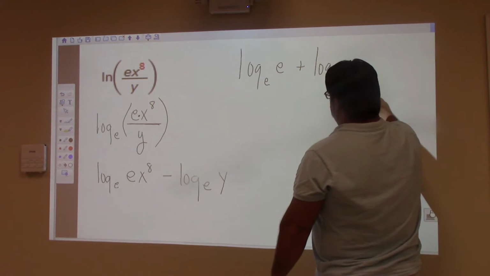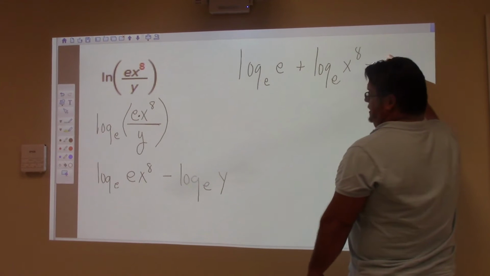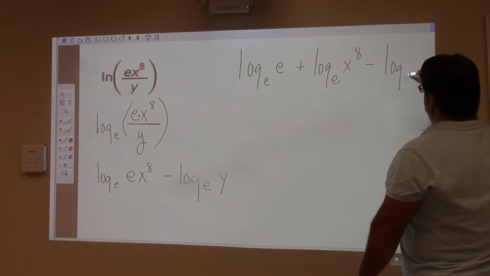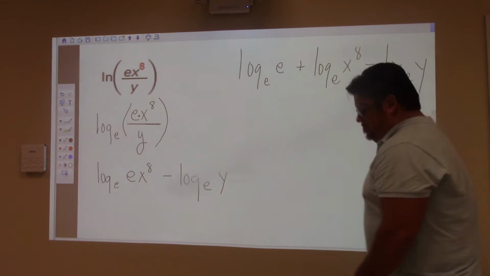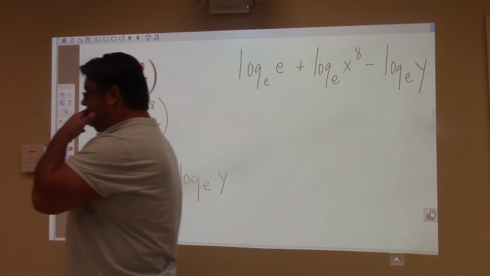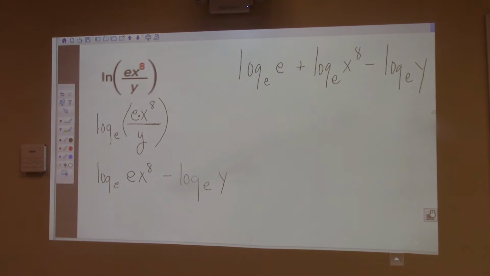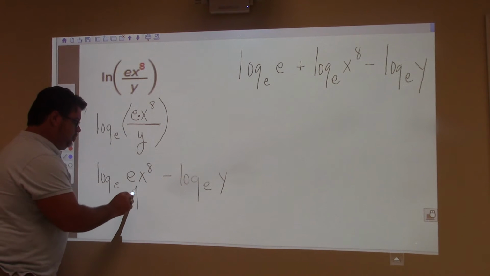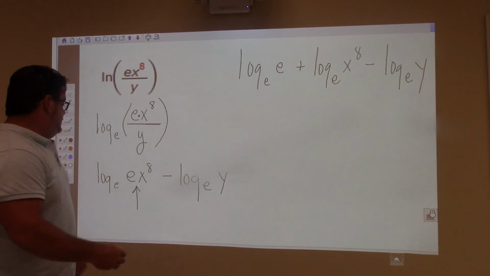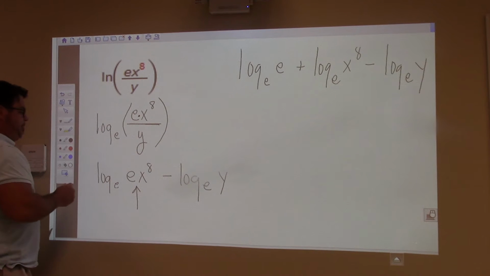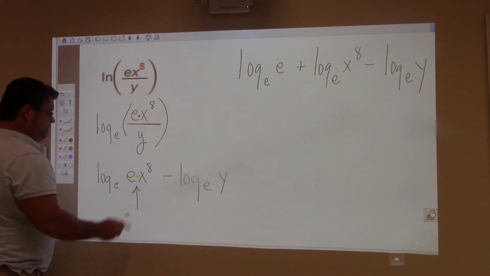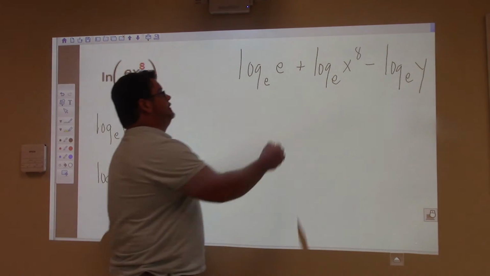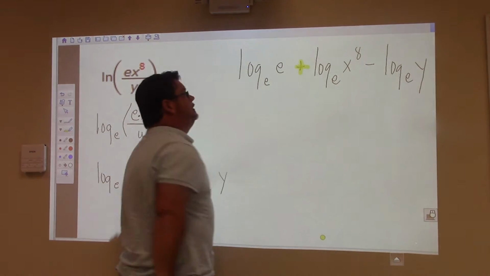Log base E of x to the 8 minus log base E of y. What did you just say? This one right here. Oh, you split that into, dang old, hold on a minute. Let me use some animation here. Dang old times. There we go. How about that?